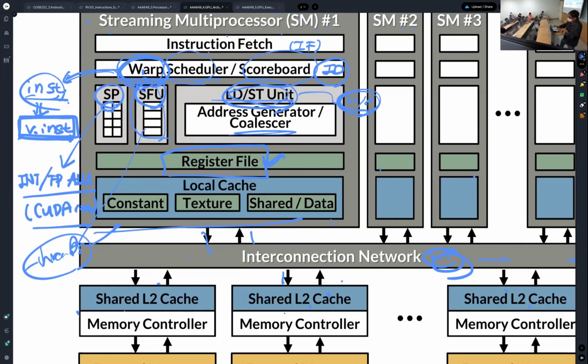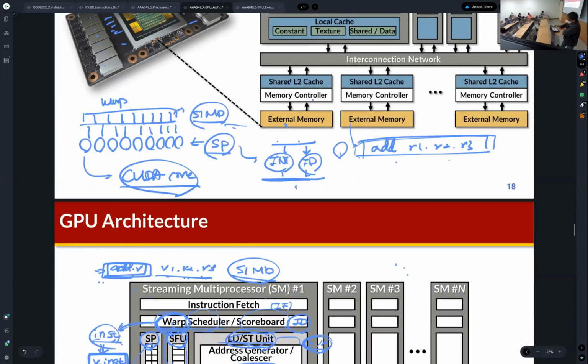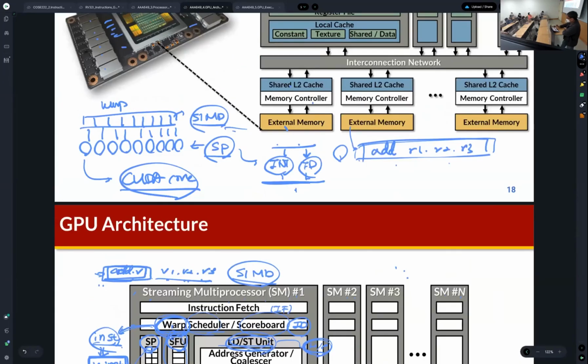Think like this: this is the thread instruction R1, R2, R3. GPU runs this in an SM, and hundreds of threads are executed, which means there are hundreds of instructions that access R1, R2, R3.